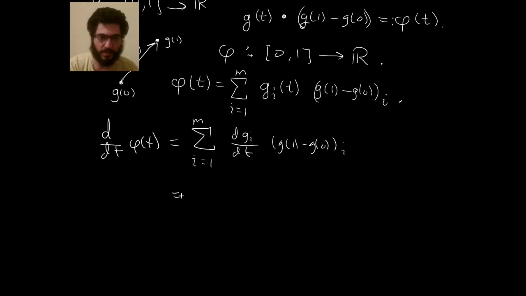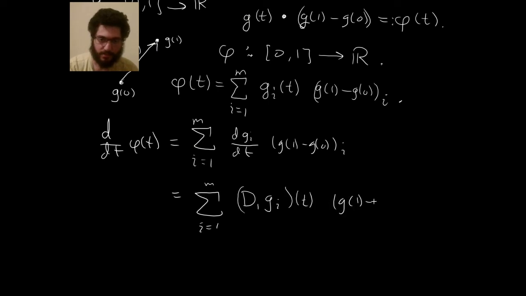Which, another way of writing that, like I was saying, is to think of it using that notation, d1 g_i of t times g1 minus g0 i.